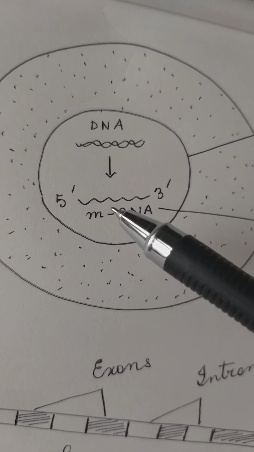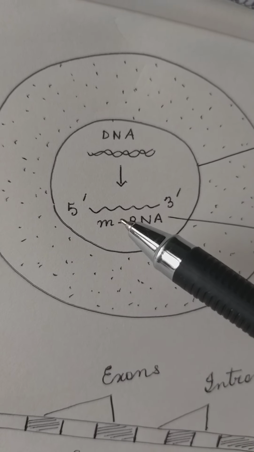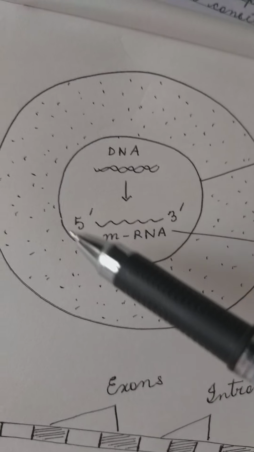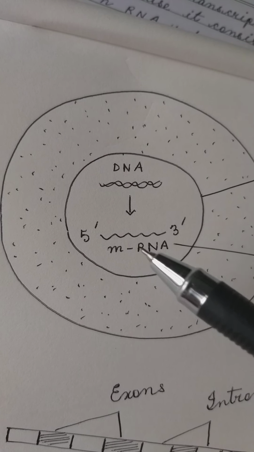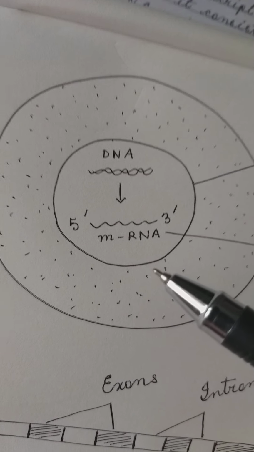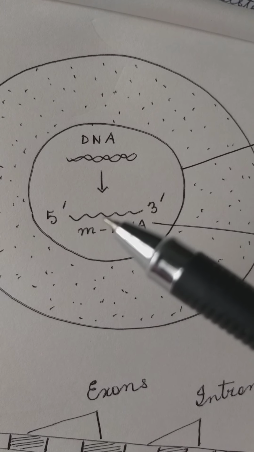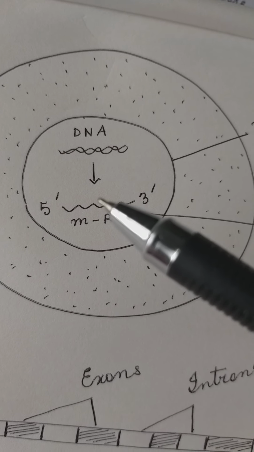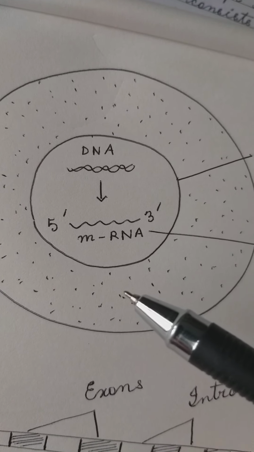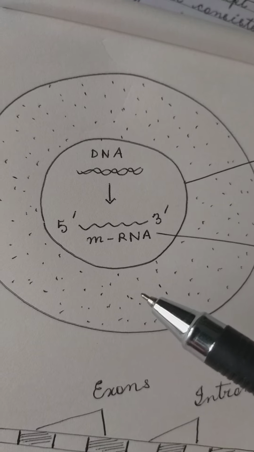It undergoes certain modifications, processings inside the nucleus after transcription is complete. After the processings, after the modifications, this will be fully mature, functional. Then it will be transported to the cytoplasm for protein synthesis.